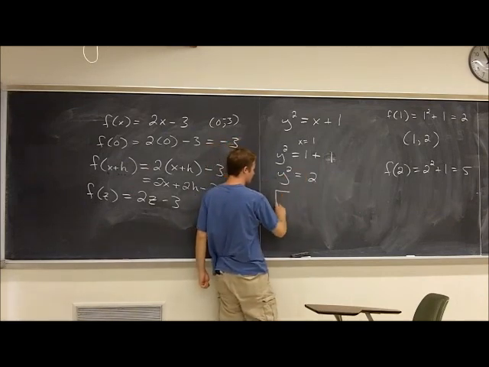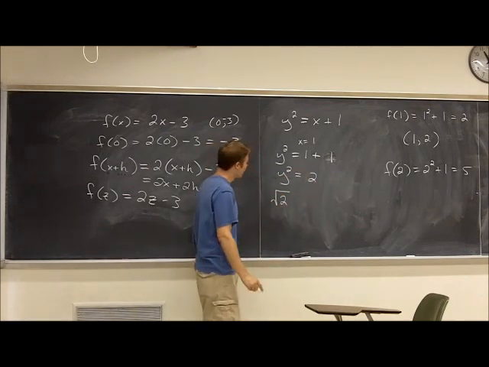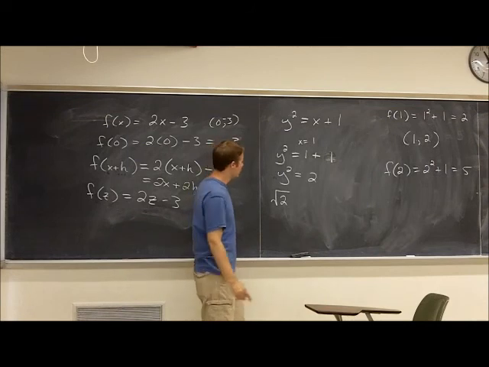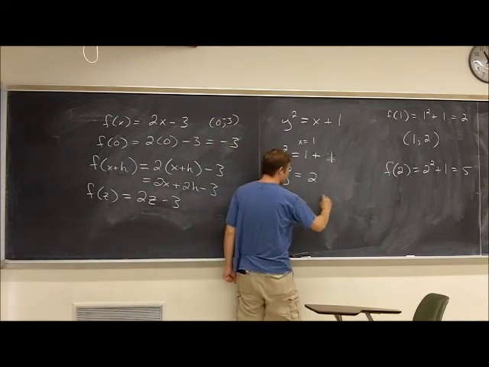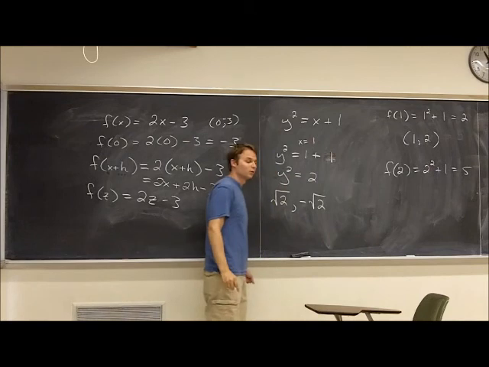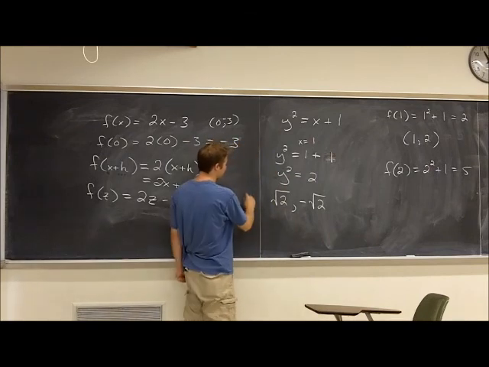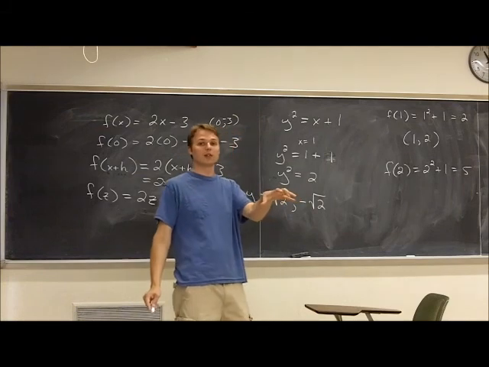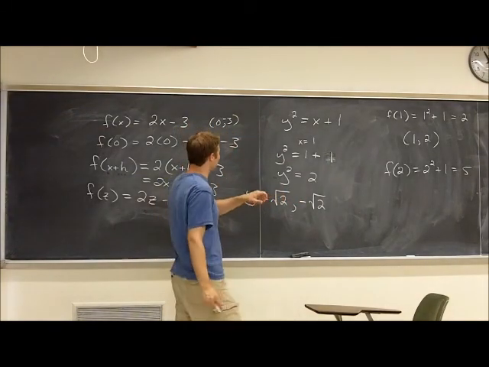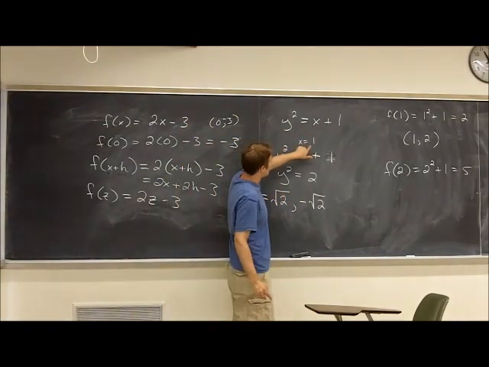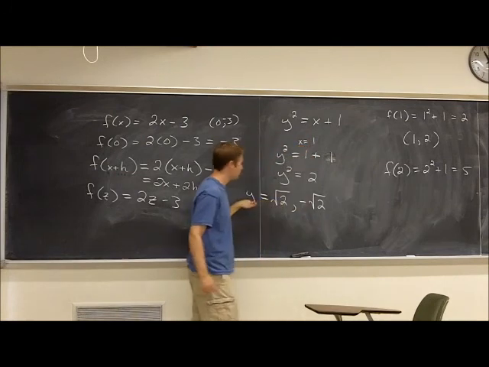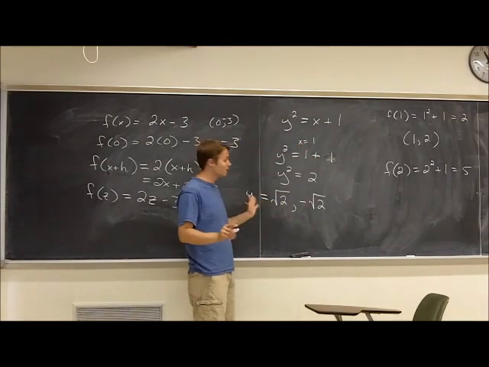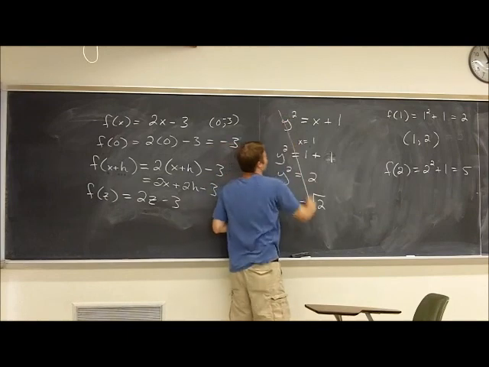Well, I could definitely square the square root of 2 and get 2. But I could also square negative square root of 2 and also get 2. So in fact, I end up getting 2 different y values that work for one input x value. In other words, for one x that I put in, I get 2 y values out. So this is actually not a function.